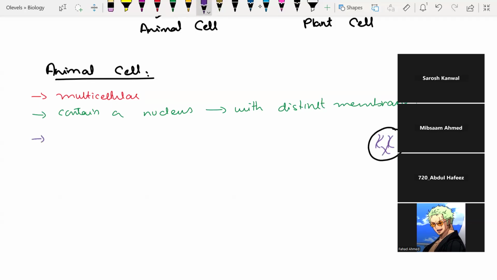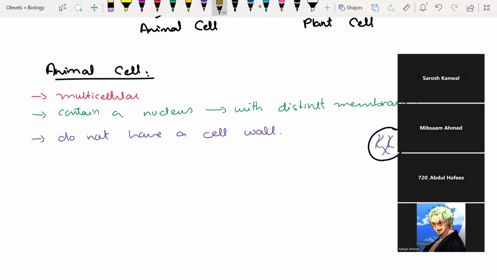Okay. So we know animal cells do not have a cell wall, right, children? Yes, plant cells have a cell wall. Very good.